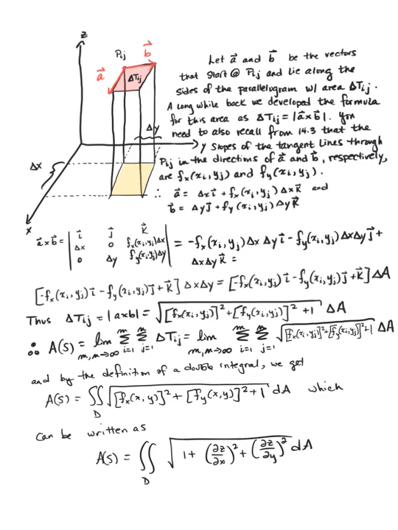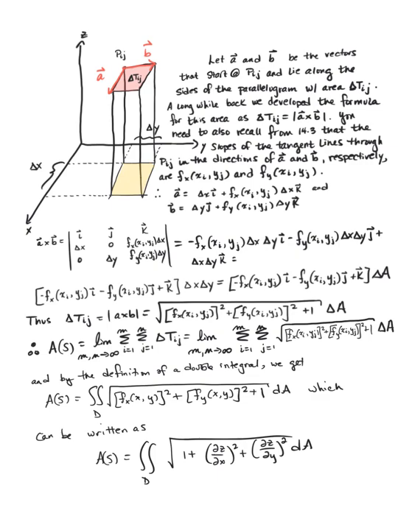Therefore, vector A is delta x times vector i, plus the partial with respect to x times delta x, times vector k.